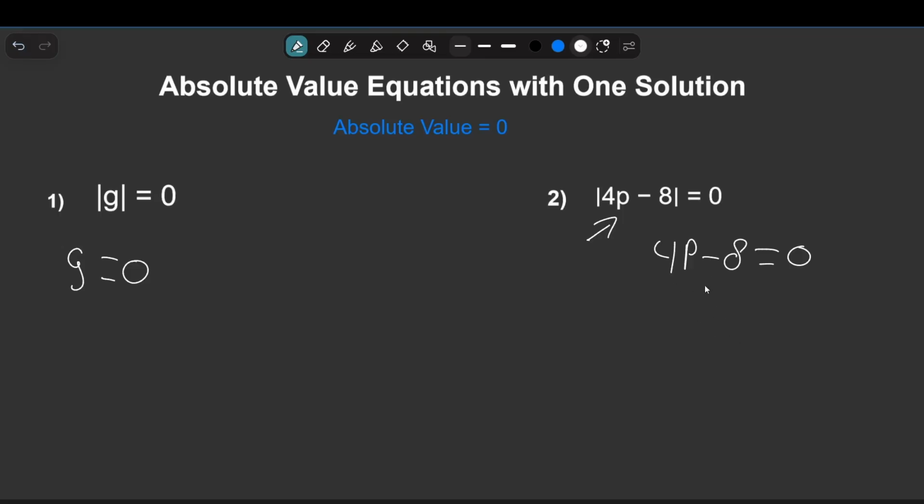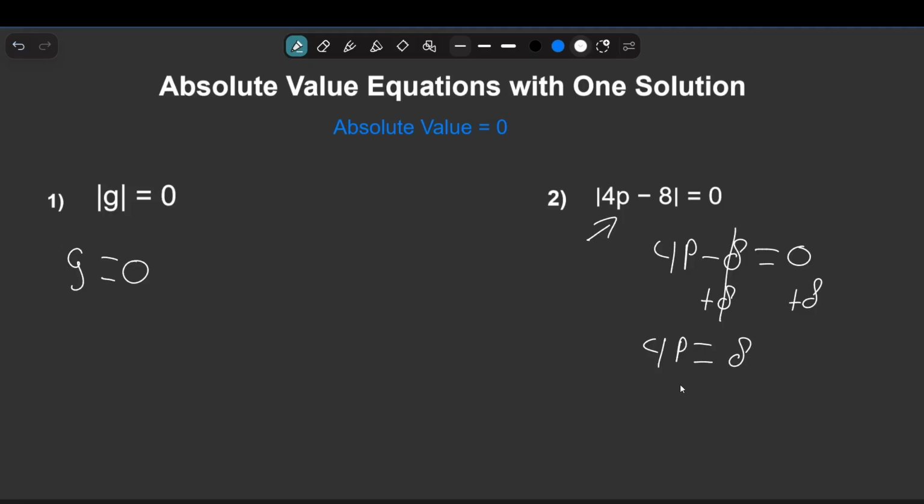So the first thing we do is add 8 on both sides. This cancels each other out, so we're left with 4p equals, and then 0 plus 8 equals 8. So we're left with 4p equals 8.